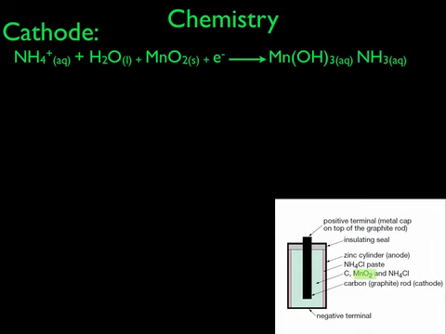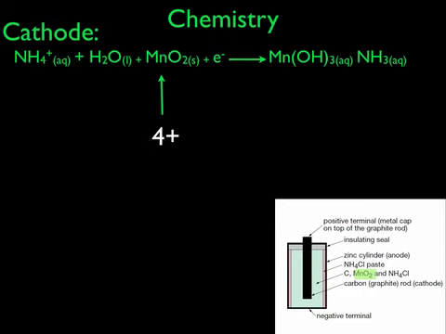Here's your cathodic reaction again, and I want to draw attention to the manganese ion. The manganese ion here has a 4+ valence or oxidation state. How do we know this? Well, there are 2 oxygens bonded ionically to the manganese metal. Now, oxygen being in group 6 will always have a valency of 2-.